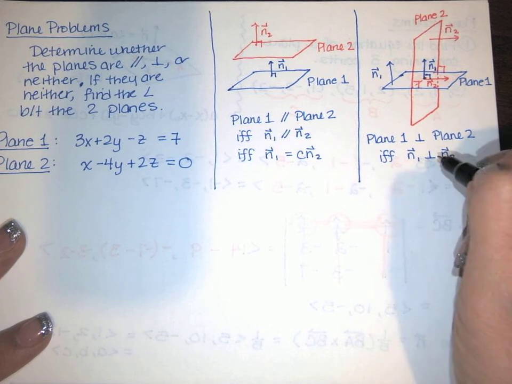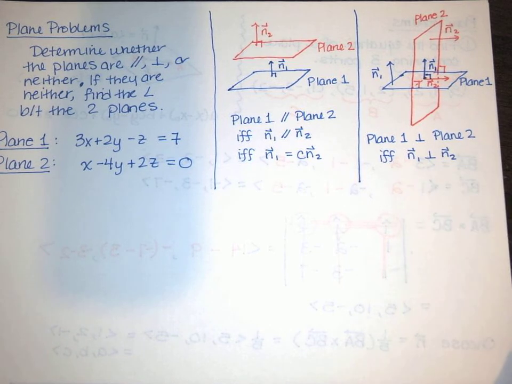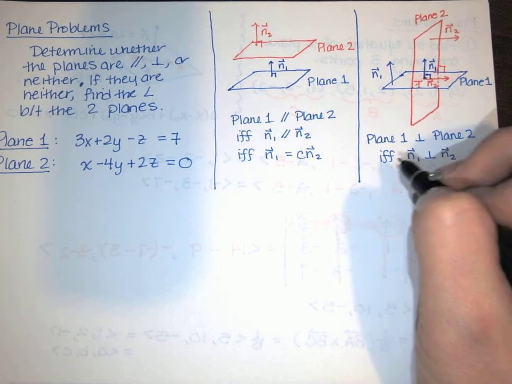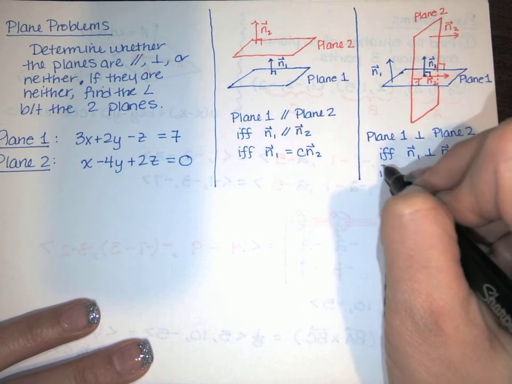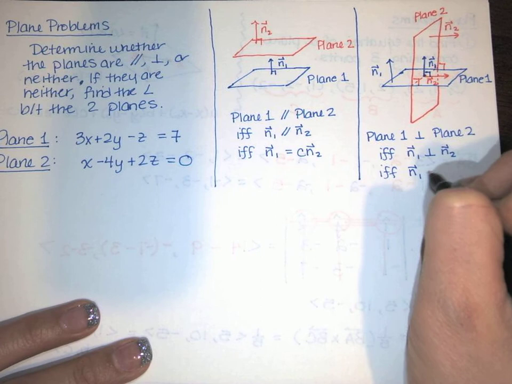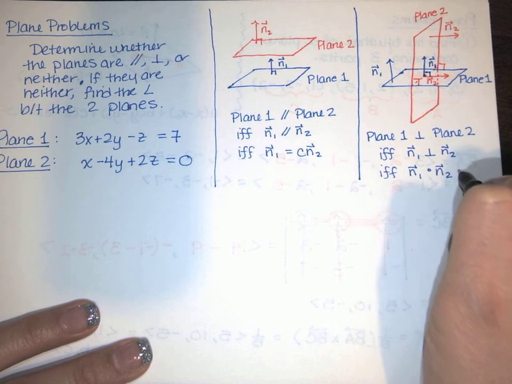And do you remember the operation that tells us that two vectors are orthogonal to each other? That's dot product. So if these meet at a 90-degree angle, then the dot product between them has to be 0.